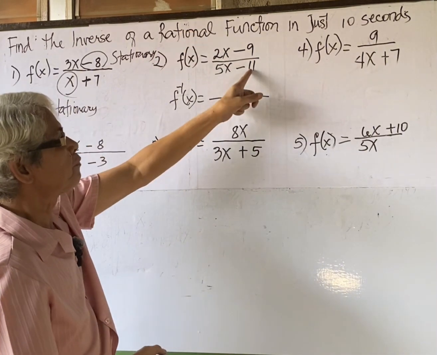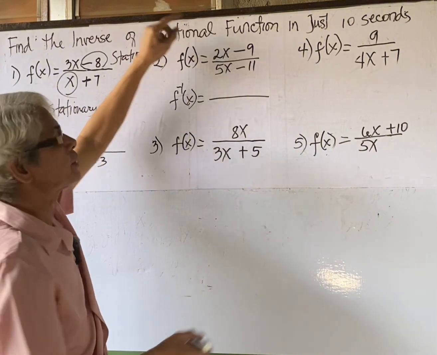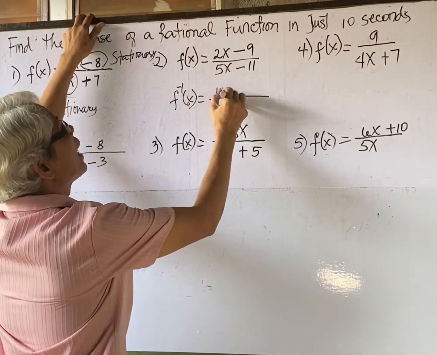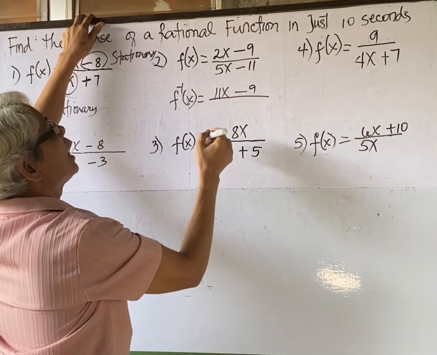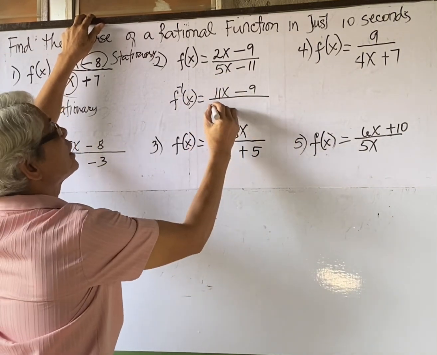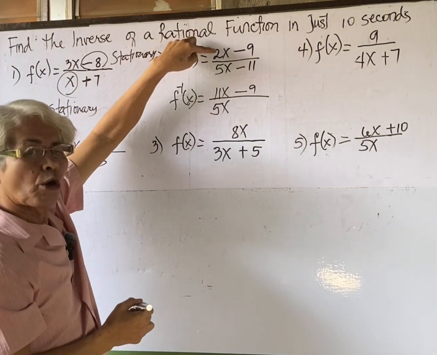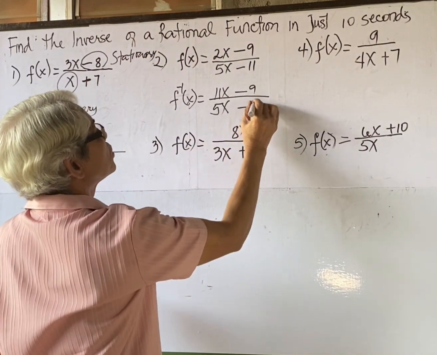So therefore, this constant will become the linear term in the numerator and change the sign. So that will be 11x, stationary. And then this will become the constant term in the denominator. Change the sign, negative 2.